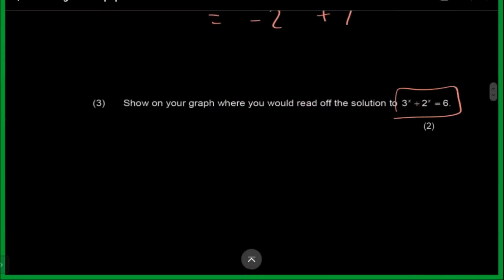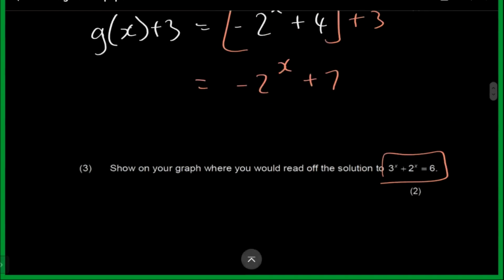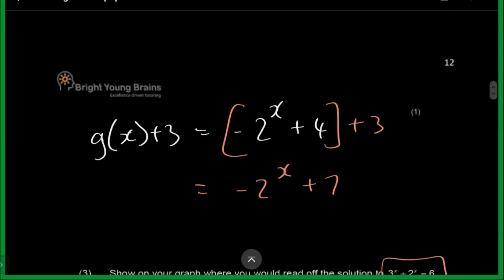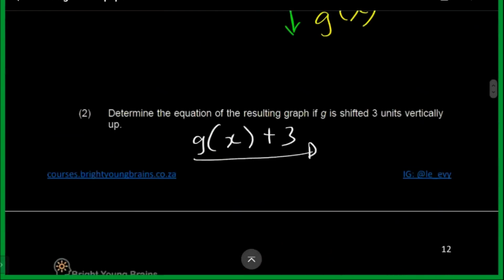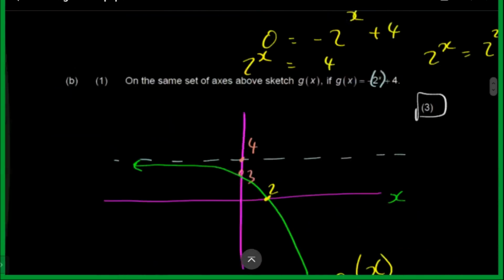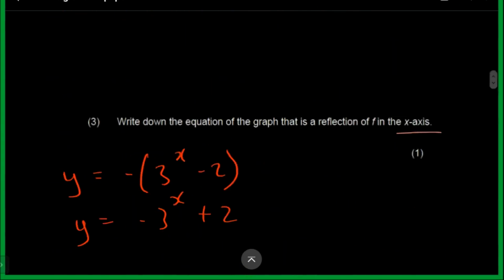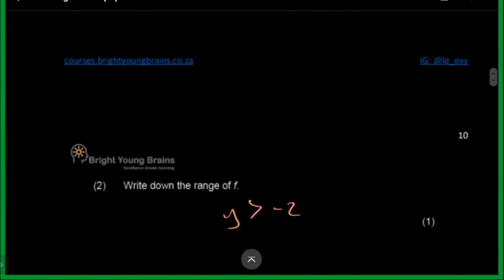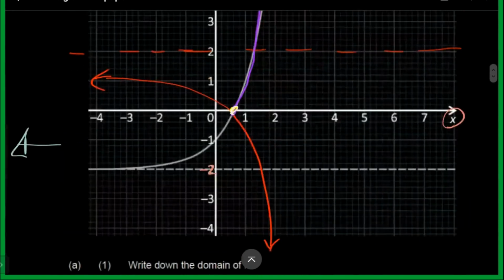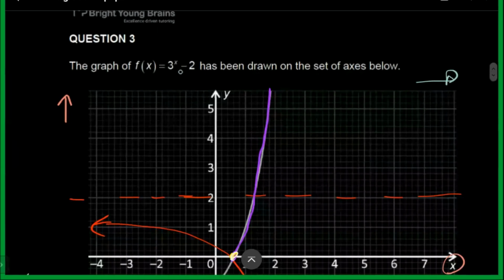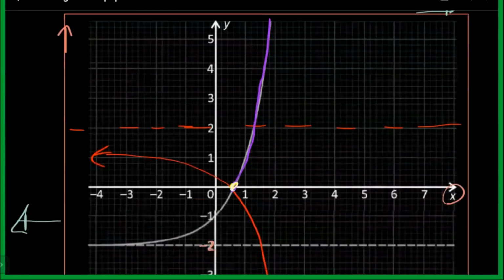This question says, show on your graph where you would read off this solution. This is one of those, I don't know if I can call it a trick question, but questions like these, you always want to make use of some of the information or some of the graphs that they would have been talking about within that question. If you look at what we have within this question, we have the equation 3 to the power of x minus 2.